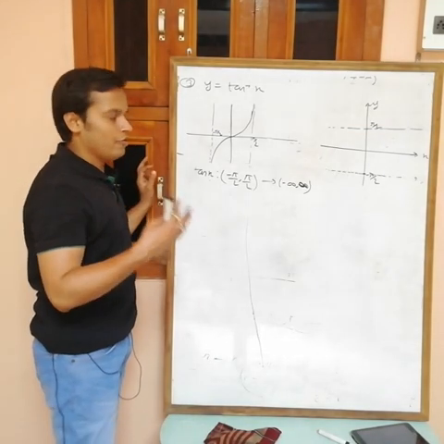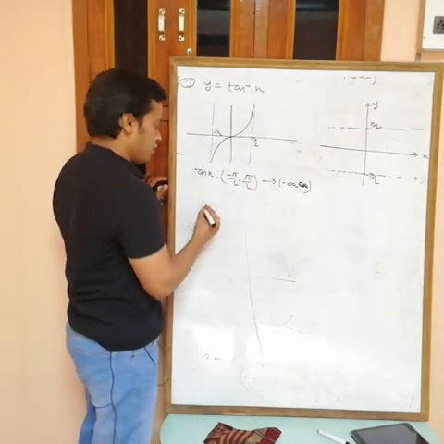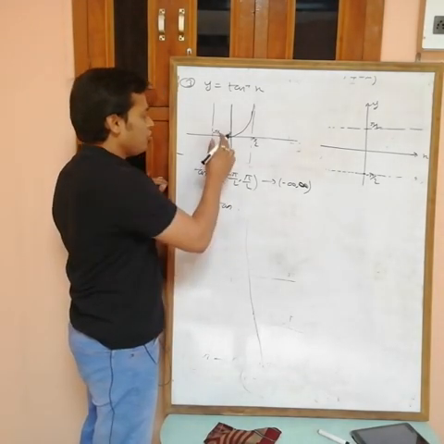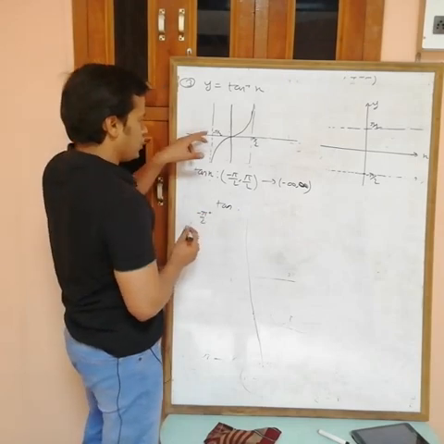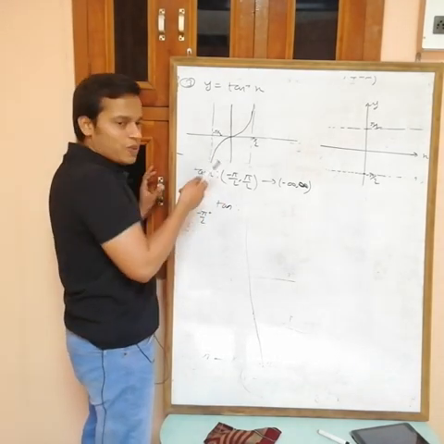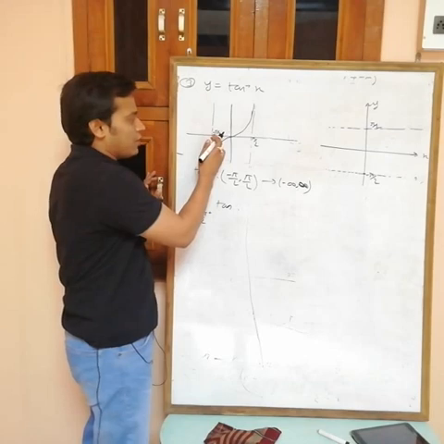Now we want to draw the graph, so just find some values and then draw. In case of tan x, the value of tan at minus pi by 2 plus, just greater than minus pi by 2, is minus infinity. At minus pi by 2 this is exactly minus infinity, but this is just greater than minus pi by 2.